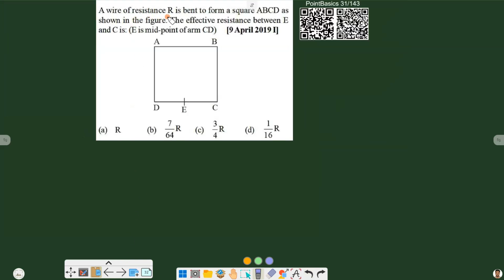A wire of resistance R is bent to form a square ABCD as shown in the figure.